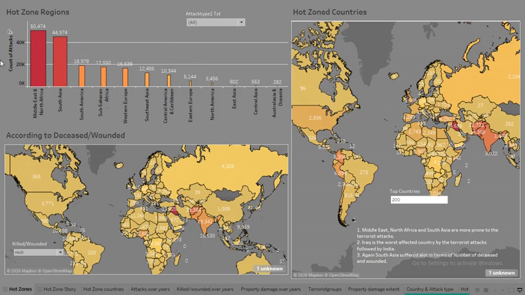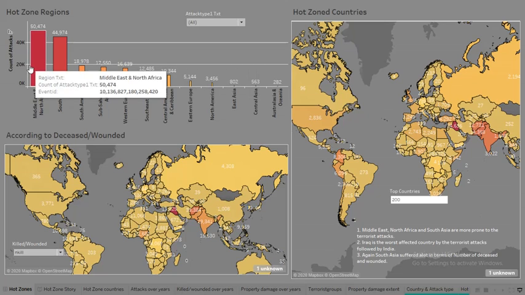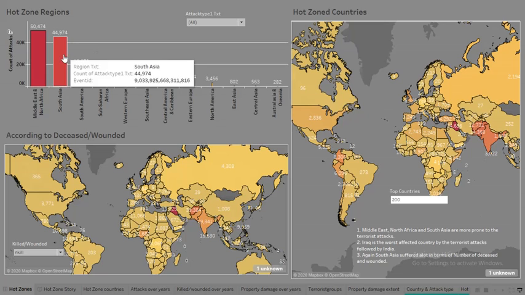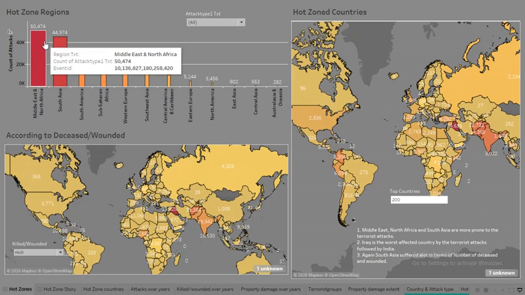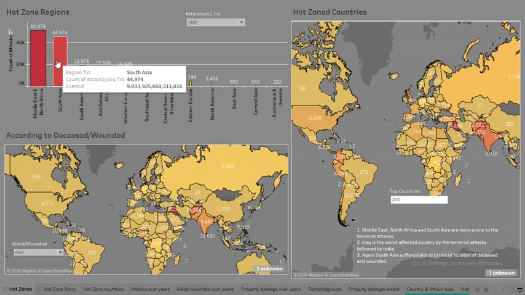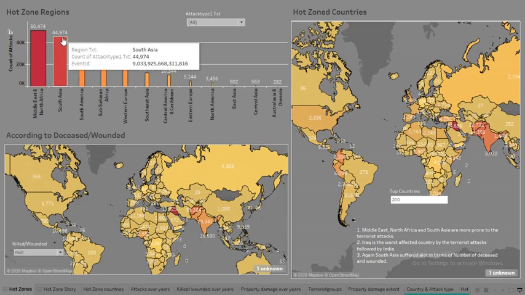This first visualization shows which regions, say continents or subcontinents, have gone through terrorist attacks. The Middle East, North Africa, and South Asia have been the most affected regions based on the count of attacks.